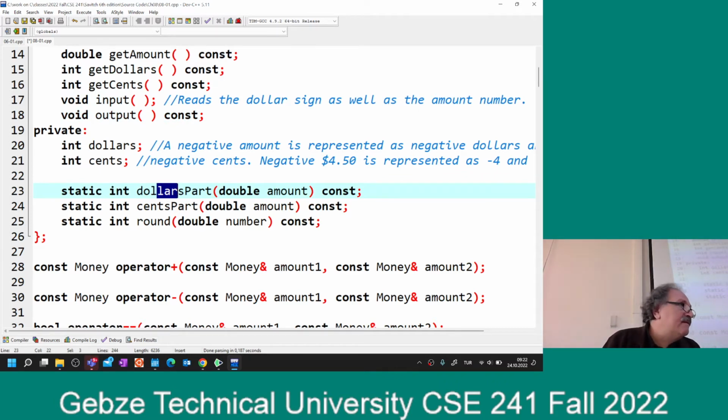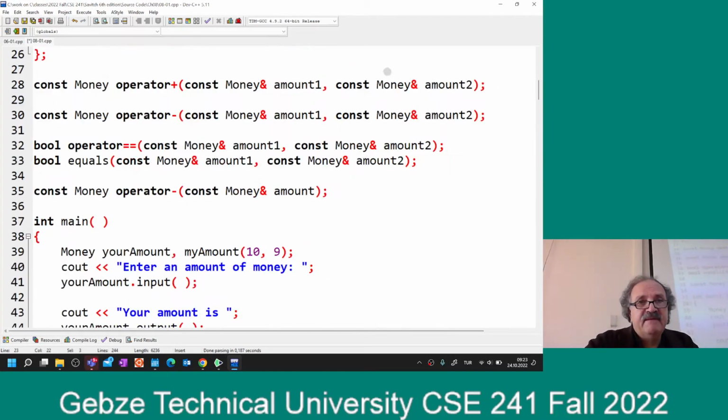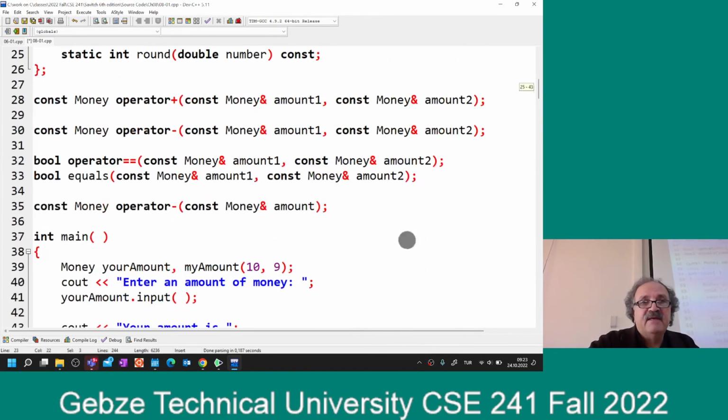Yes. In terms of what? Well, that's what I said previously. These are exactly the same things, and they will produce almost the same assembly code. In terms of function efficiency, they are exactly the same.